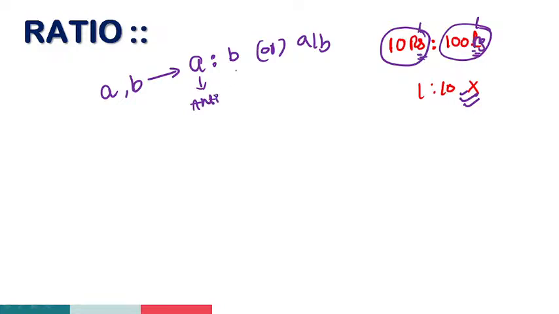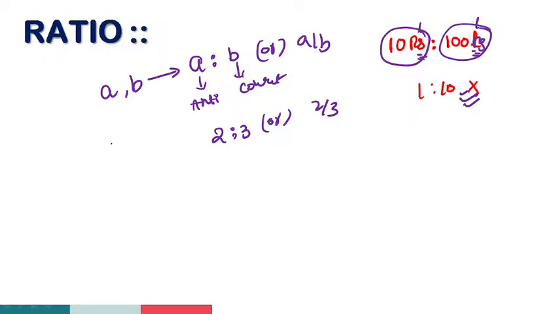Here A means antecedent and B means consequent. For example, 2 is to 3 or 2 by 3 is the same, guys.